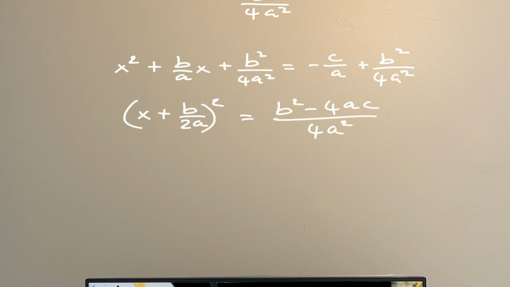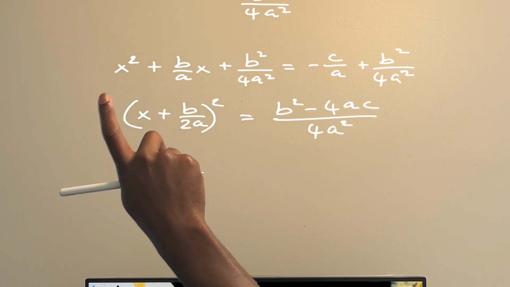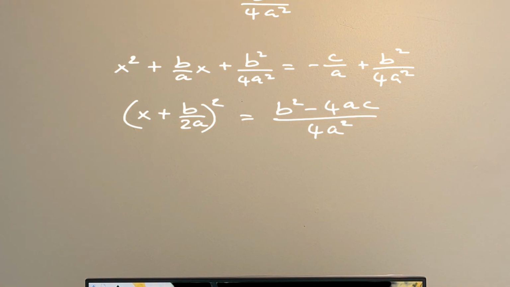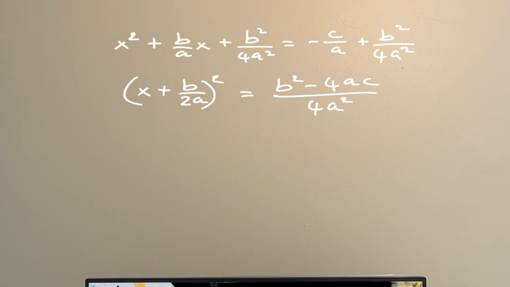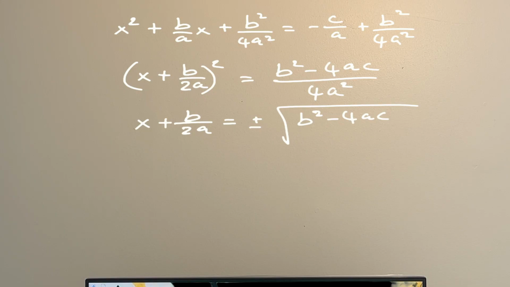Now, what else do we do? Well, remember we're solving for x. We have x here, so if we take the square root on both sides of the equation, we then get our x. We're left with x plus b over 2a is equal to plus or minus the square root of b squared minus 4ac over 4a squared. And if you know the quadratic formula, you can already see what's going to happen.